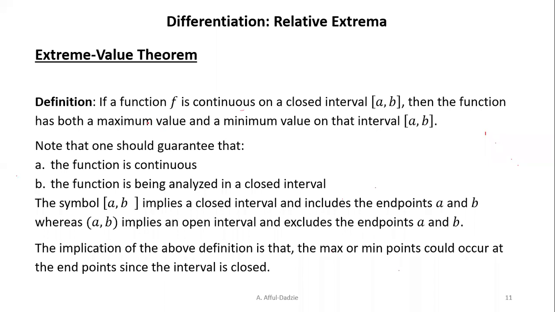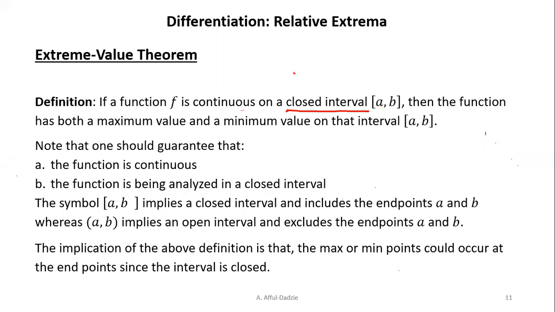It says that if a function f is continuous on a closed interval, and please take note, here we are dealing with a closed interval. In the first instances, we didn't emphasize the fact that we are interested in a closed interval. Then the function has both the maximum value and the minimum value on that interval.